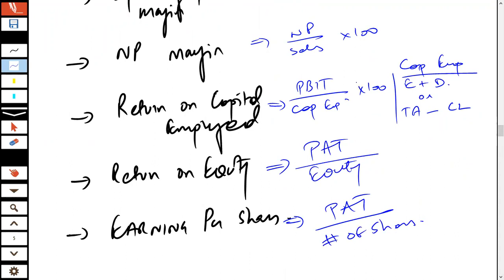So as a result, these are the different ratios that you can calculate. Let me just see what answers you have given. GP, operating profit, NP.